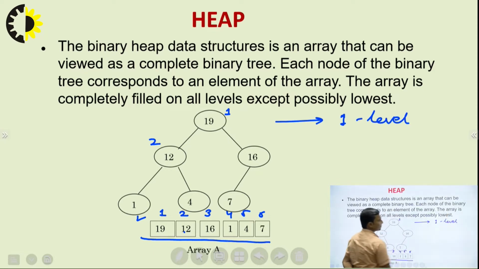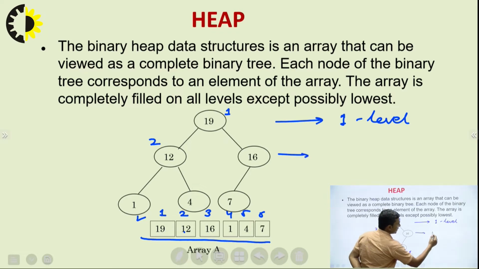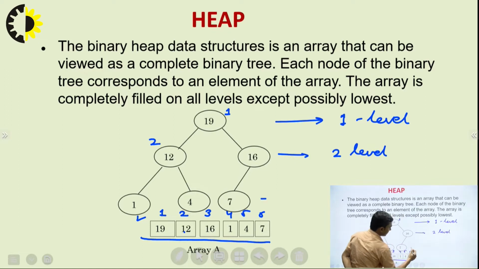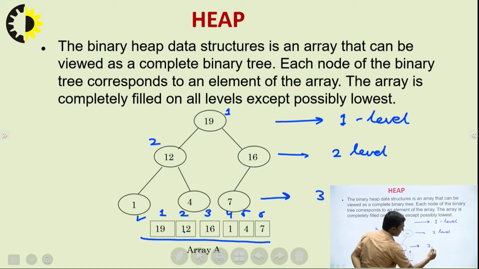Suppose the root is available at the first level, then the next two elements will be at the second level, and the next elements at the third level, and so on.